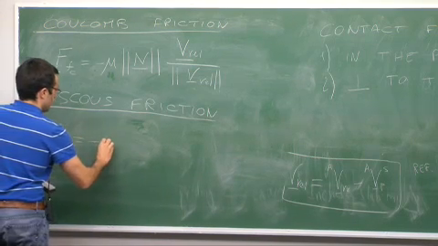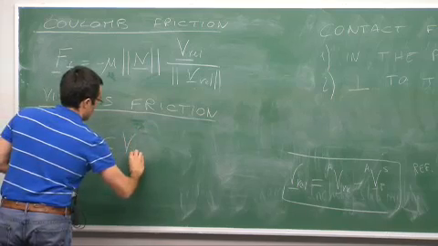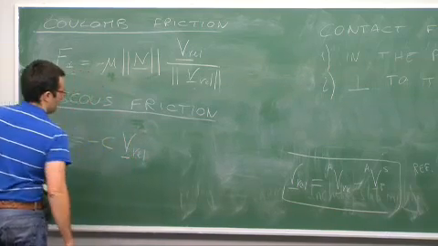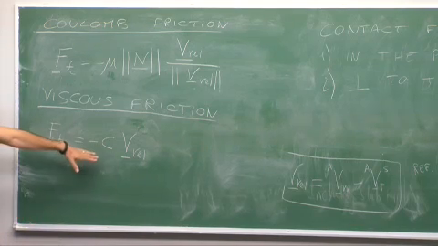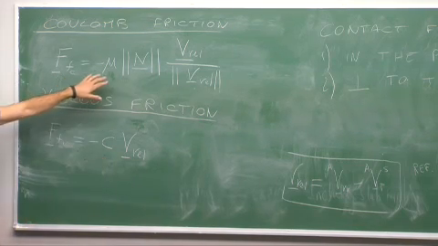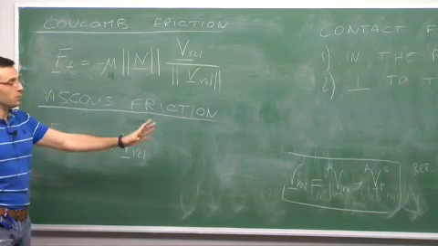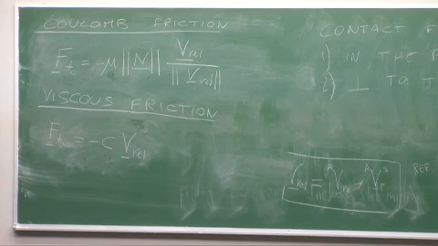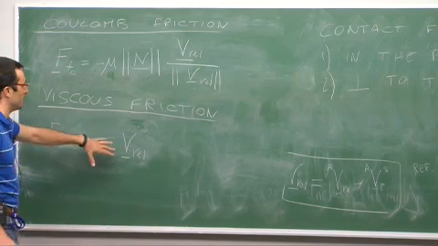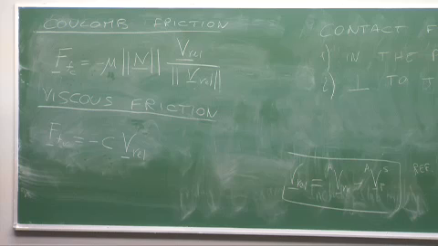It's simply another constant times VREL. That's it. So same, if there is no relative velocity, this doesn't exist. The same for the Coulomb one. This is directly proportional to the velocity. As you're used to seeing with the drag forces, for example, but in that case it's a squared velocity.